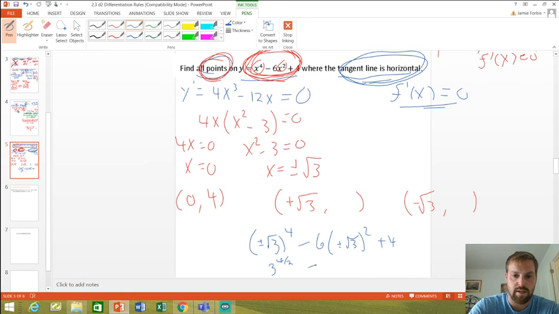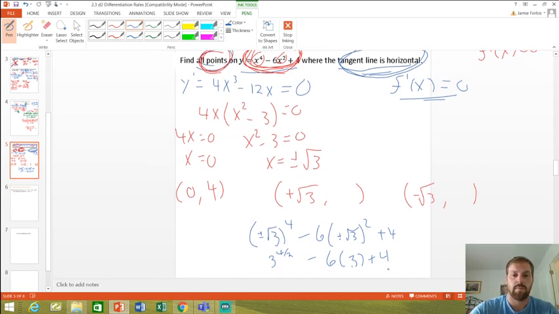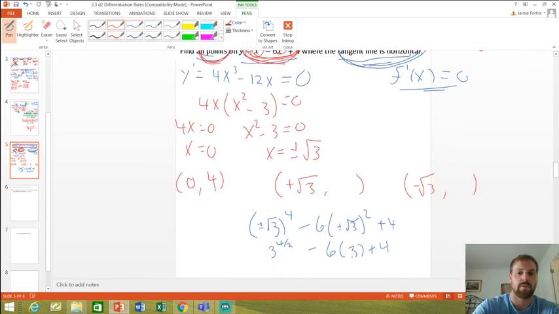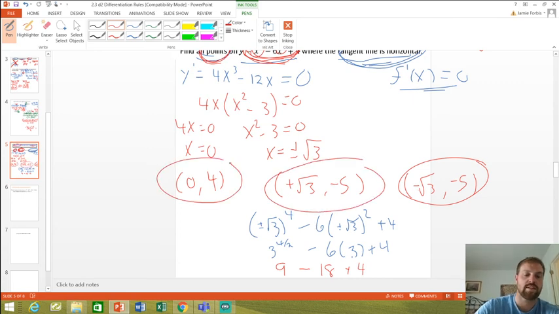And that's going to be minus 6 times 3 plus 4. Another way of saying this, 3 to the 4/2 power is the same thing as 3 squared, so that's 9 minus 18 plus 4, which gives us negative 5. So there's the 3 points at which my graph has a horizontal tangent line.